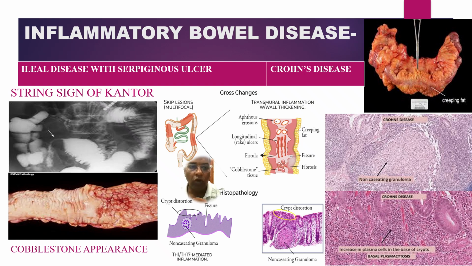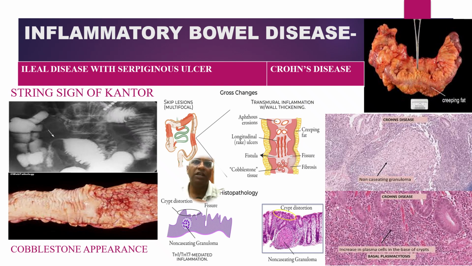There will be cobblestone appearance, creeping fat, skip lesions, transmural inflammation. Grossly and microscopically, there will be crypt distortion, non-caseating granulomas, and increase in the plasma cells. On radiology, there will be string sign of Kantor. Ileal disease with serpiginous ulcer, Crohn's disease.